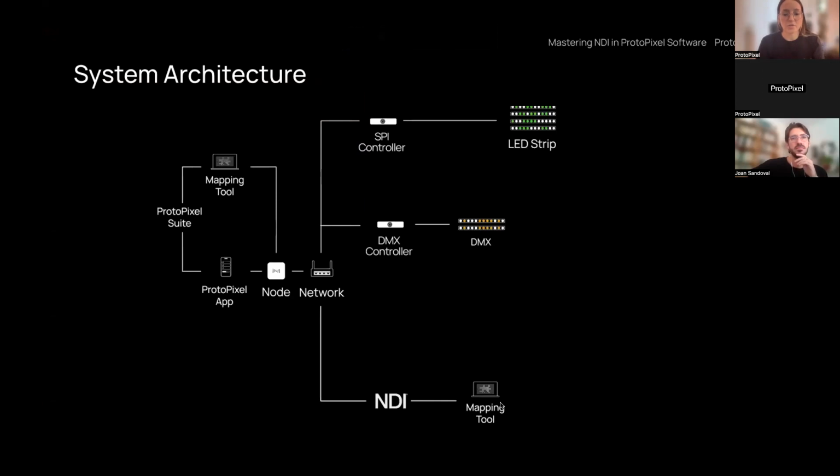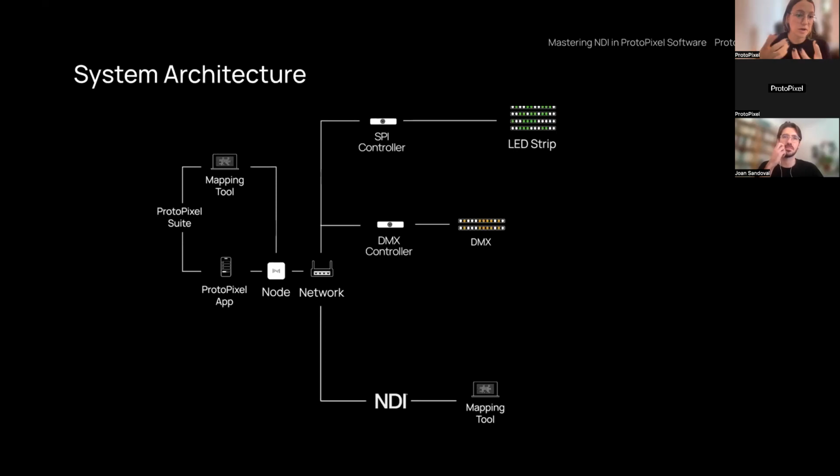Just to go back to before I show you the setup: NDI, as I said, is a communication protocol between softwares. Our node only allows you to run ProtoPixel software. So on the node, you cannot run, for example, Touch Designer inside the node. If you wanted to have a standalone installation, this is why we export the final content to a video, because we'll see now inside the mapping tool how we upload the final content as a video, and we can upload this project to the node and do not have to have an independent computer running, for example, Touch Designer in the installation.